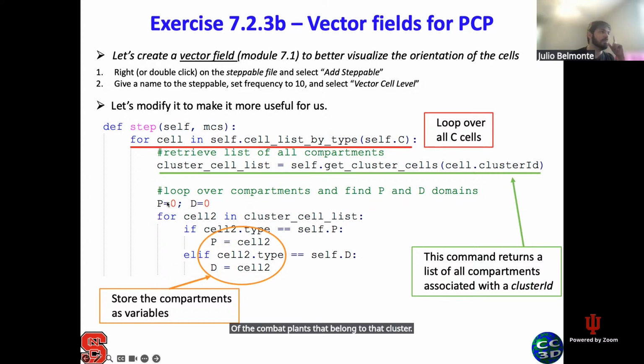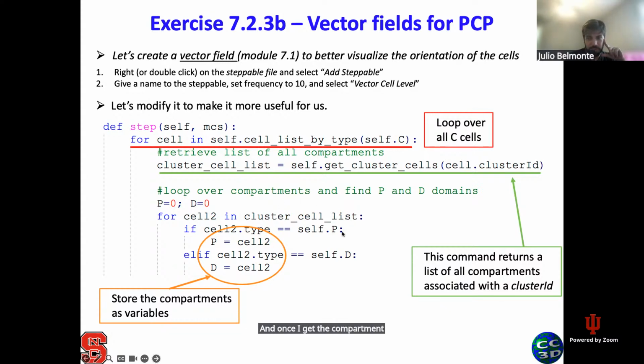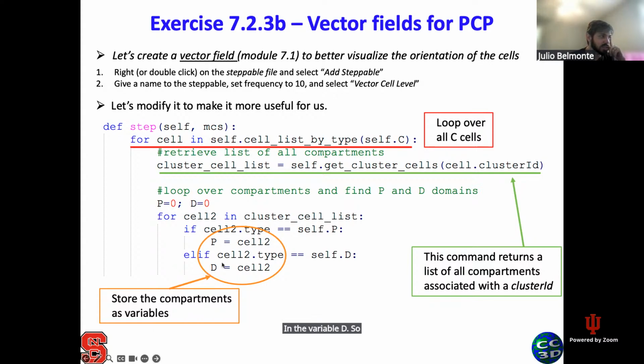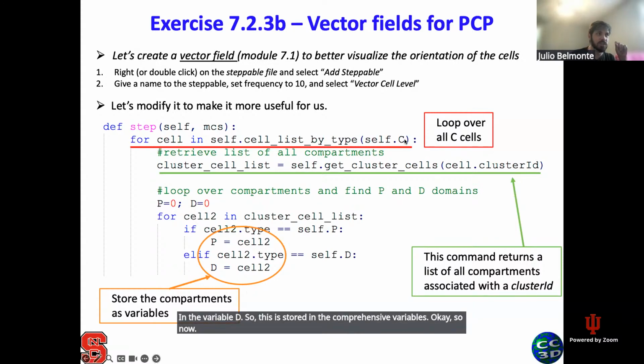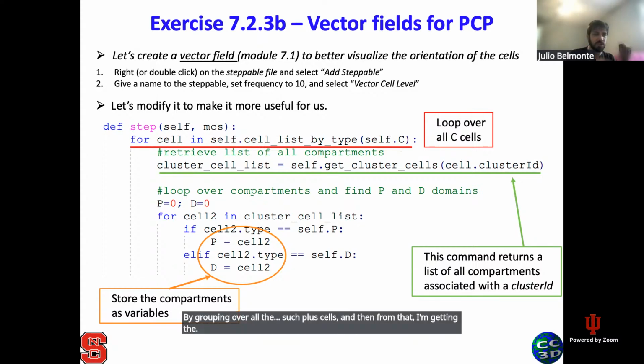And then I set P variable and D variable to be 0, and I go over all those compartments. And once I get the compartment that's of type proximal, I store that in a variable P. And once I get the cell that is of type D, or the distal compartment, I store that in the variable D. So this is storing the components in variables. Okay, so now I'm looping over all the cytoplasm cells, and from that I'm getting the proximal and distal compartments and storing them.